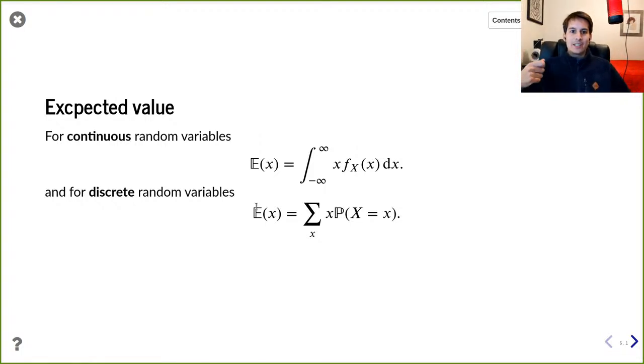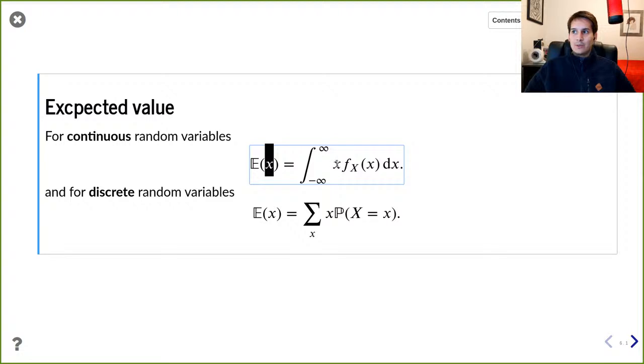Then you calculate the expected value of y, which is the same as the expected value of g of x. By doing that, you replace this x with the y, but the y is a function of x, so you're calculating the mean of a function of x, for example g of x, by just replacing this with g of x.